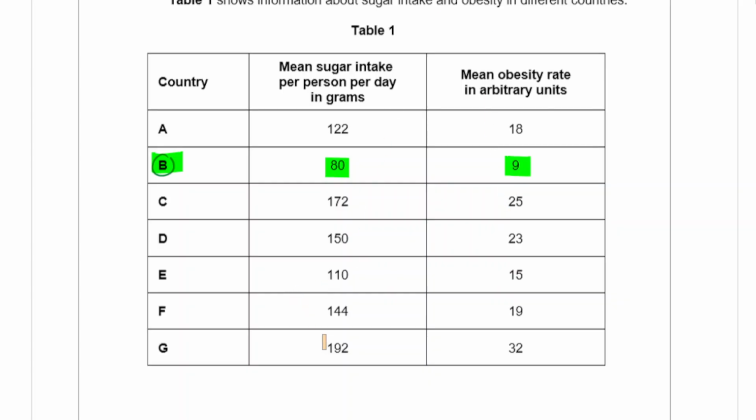Whereas the highest, which is 192, is country G, and the mean obesity rate is 32, which is the highest. So there is a clear link between the amount of sugar people intake and the mean obesity rate.